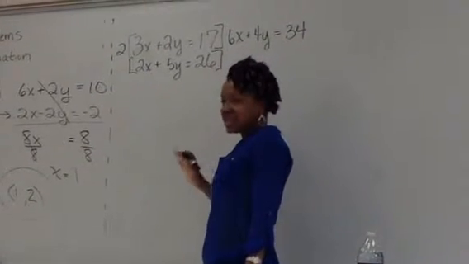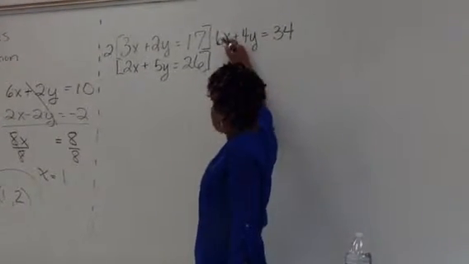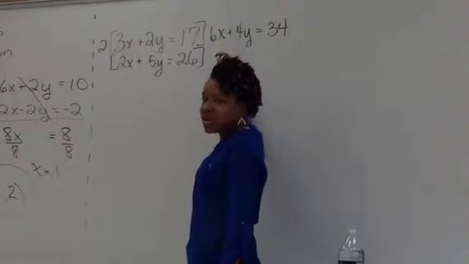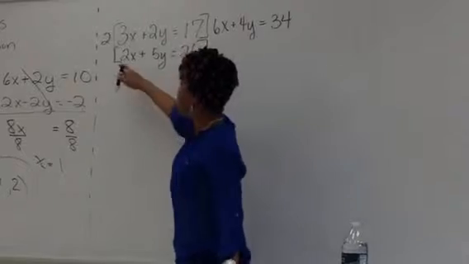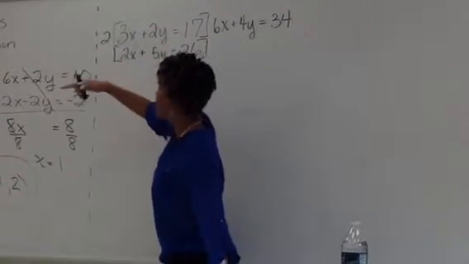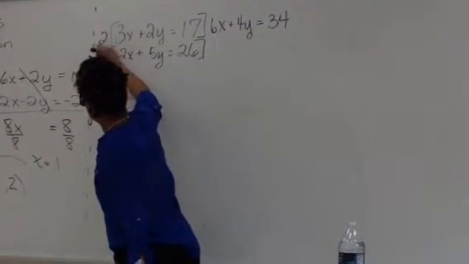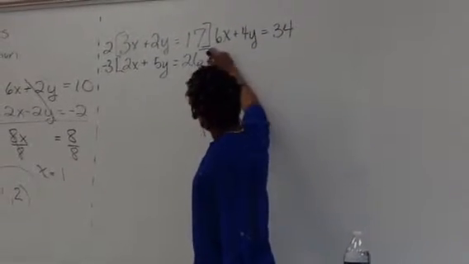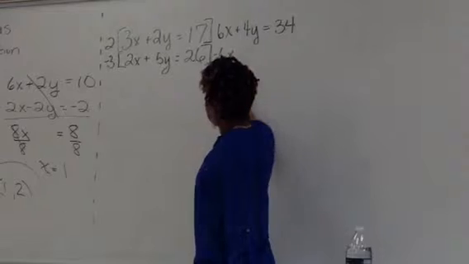Okay, so now we still want to get 6 because we want opposites, but we don't want positive 6, we want negative 6. So what should I multiply to make this a negative? Negative 3, good. So negative 3 times 2x gives you negative 6x.